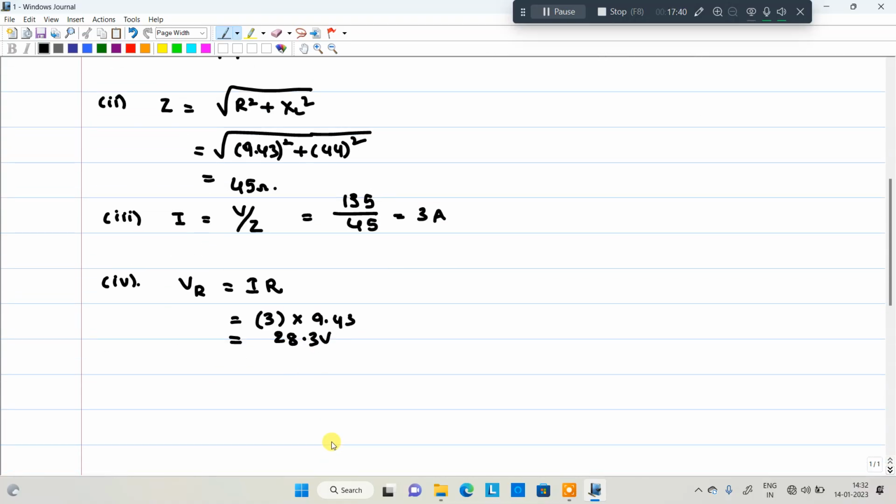Okay. Next, fifth one, voltage across the inductor. VL is equal to I into XL. What is I? 3. XL is 44, you got. That will be equal to 132 volts.